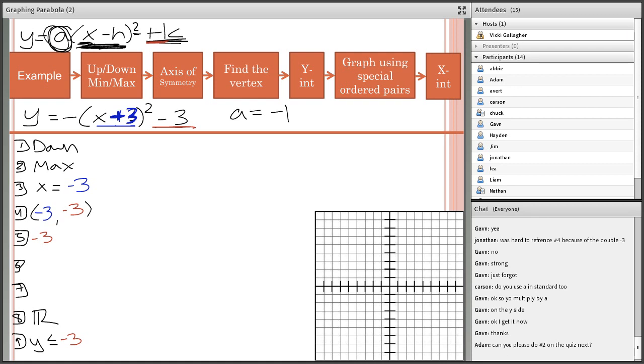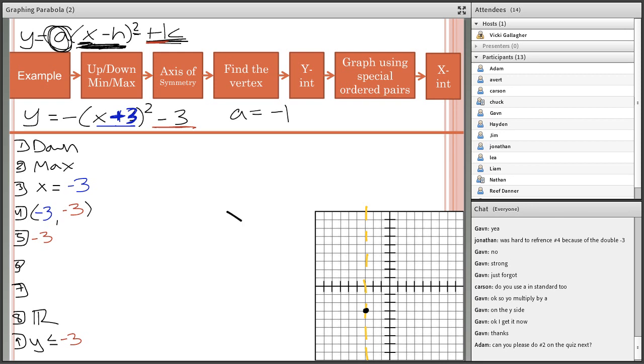All right. Next, I'm going to graph negative 3. So over here. Okay, so negative 3 is right here.